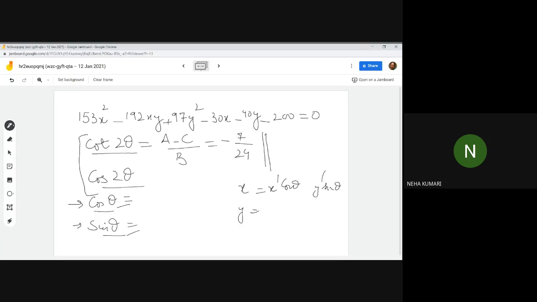Ma'am, cot 2 theta -5/12 आ रहा है। Ma'am, cos theta will be 3/5 and sin theta will be 4/5.